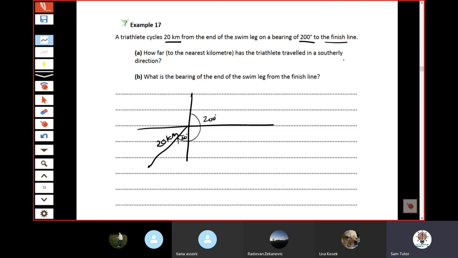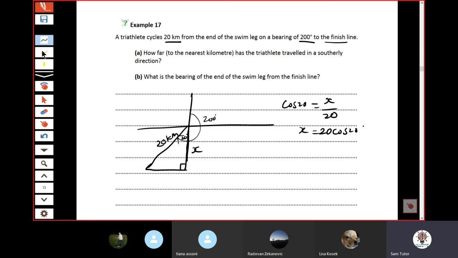You assume that would be the finish line. How far have you traveled in a southerly direction? How far south? Well, that's very easy. Adjacent, hypotenuse. So cos 20 equals adjacent over hypotenuse. So always draw these compass bearings and then it doesn't look too hard. What is the bearing of the end of the swim leg from the finish line?